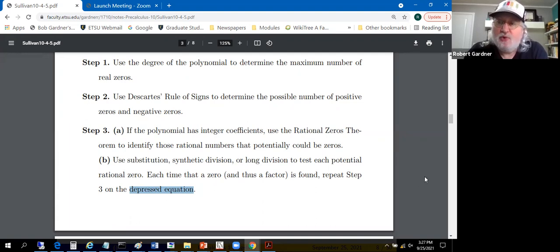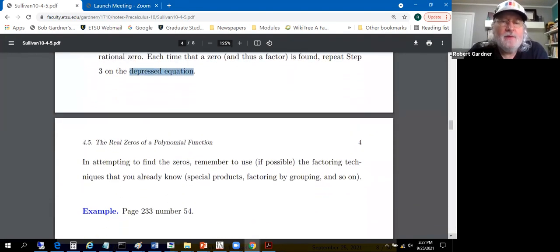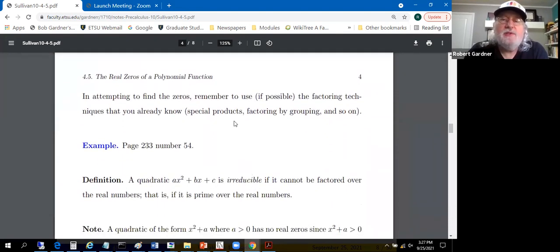That's what they mean by depressed equation. In attempting to find the zeros, remember to use, if possible, the factoring techniques that you already know. Special products, factoring by grouping, and so on. Really, factoring by grouping is possibly the most useful of these. Use the tricks when you can see that they apply, because this could take a while.